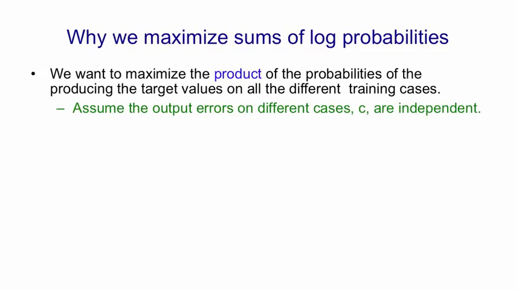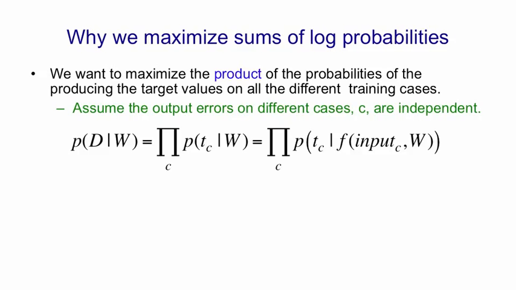If we assume that the output errors on different cases are independent, we can write that down as the product over all the training cases of the probability of producing the target value, tc, given the weights. That is, the product of the probability of producing tc given the output that we're going to get from our network if we give it input c and it has weights w.